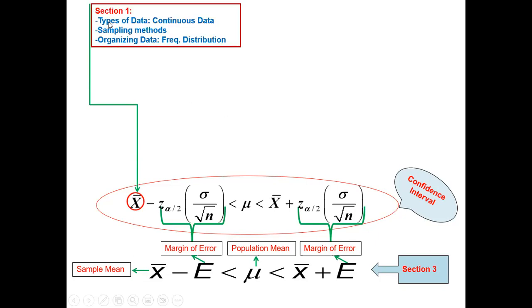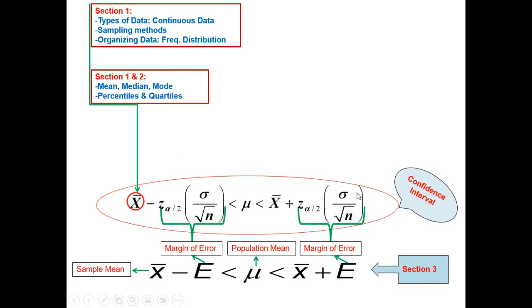So you see that section 1, when we deal with sampling, different sampling methods, which refers to how you collect your data, and when we organize and put them together in simple form, we'll be dealing with something like the mean and other measures that represent summaries, other measures of center, other measures of dispersion.